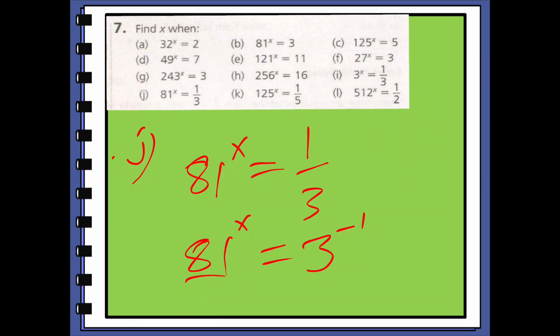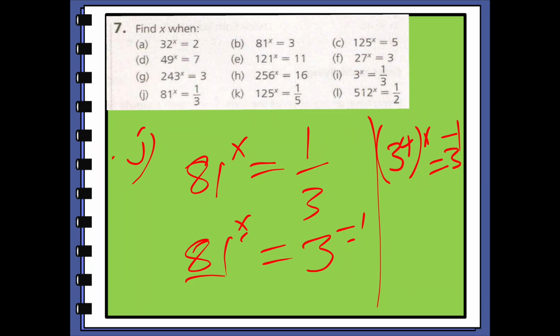Let me do it once more. 3 power 4 is 81. Now remember that there's an x here, right? Equals, here we have -1 and 3.